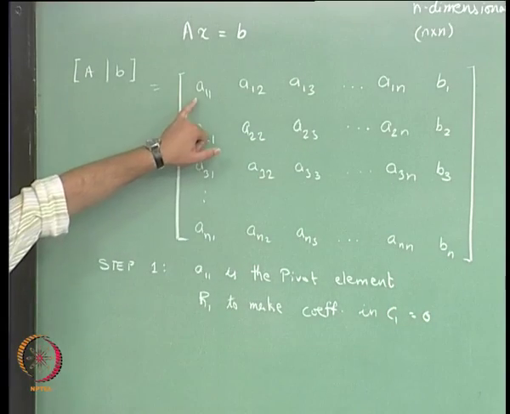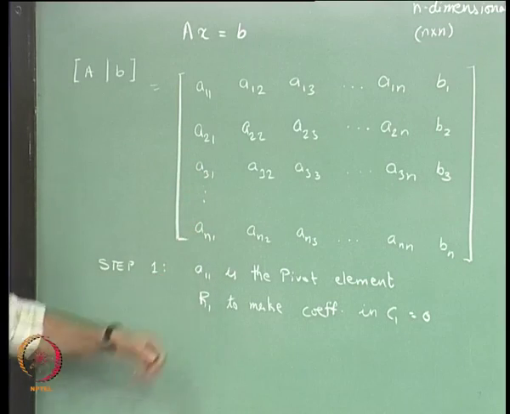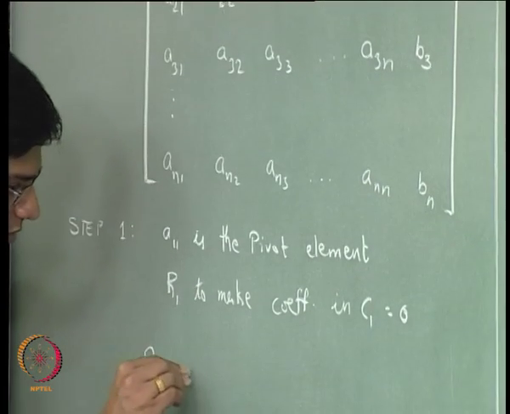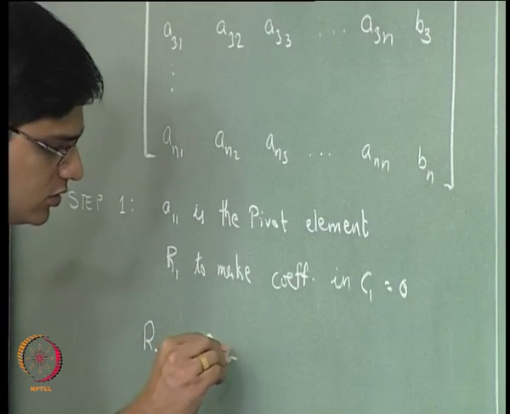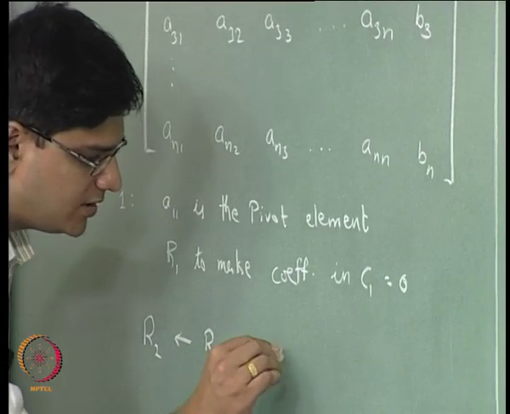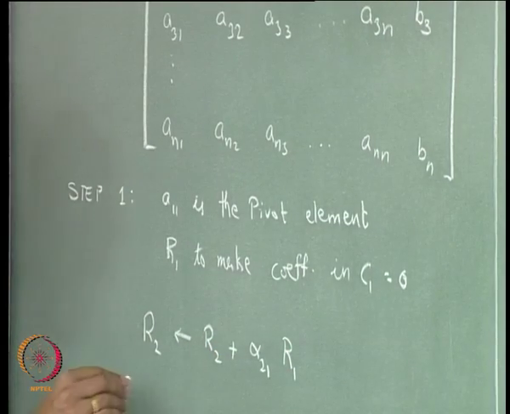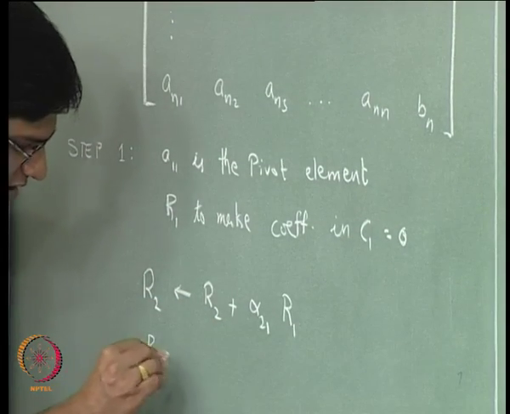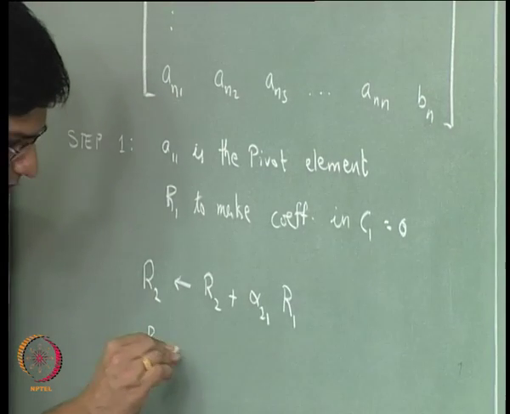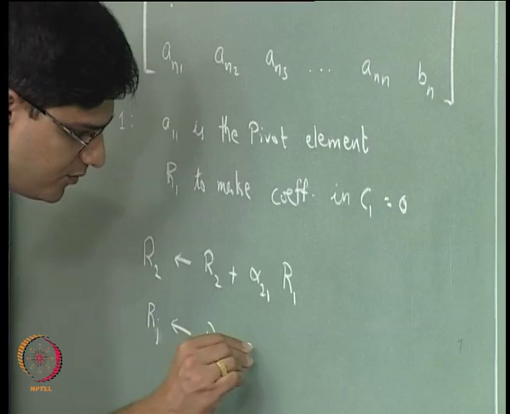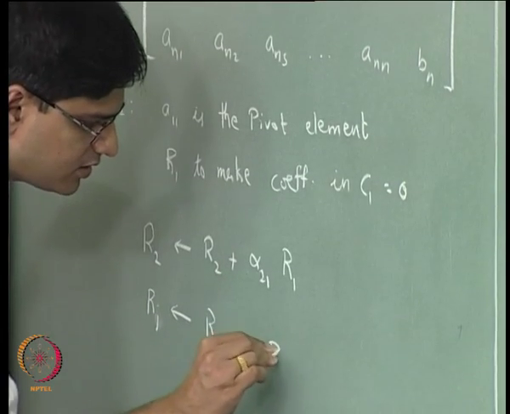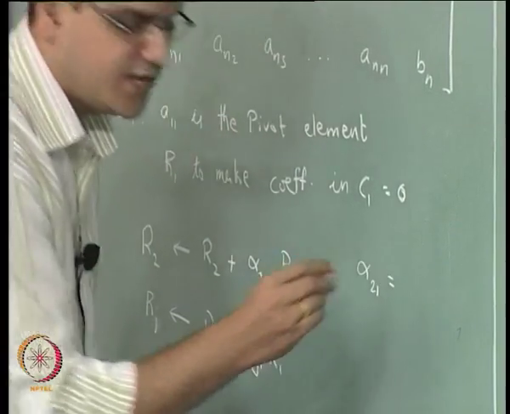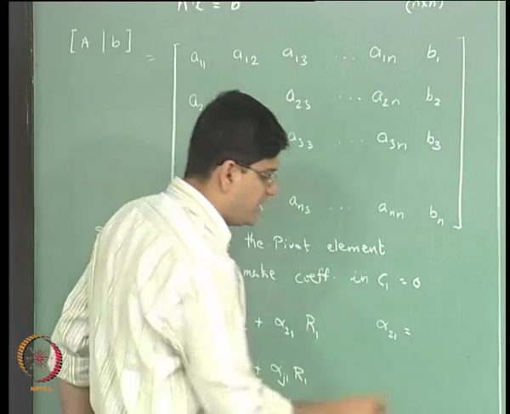So we will do row operations in order to make A21, A31 and AN1 equal to 0, and how we do that is R2 we will replace with R2 plus alpha 21 R1, R3 with R3 plus alpha 31 R1 and so on, or in general Rj will be replaced with Rj plus alpha J1 R1, where alpha 21 is nothing but A21 divided by A11.